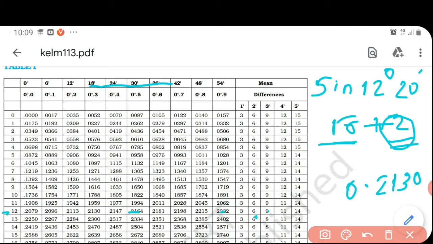That 6 is to be added to the fourth digit after the decimal point, as there are 4 digits. So you will have the value 0.2136. So that is how we can find the sine of an angle.